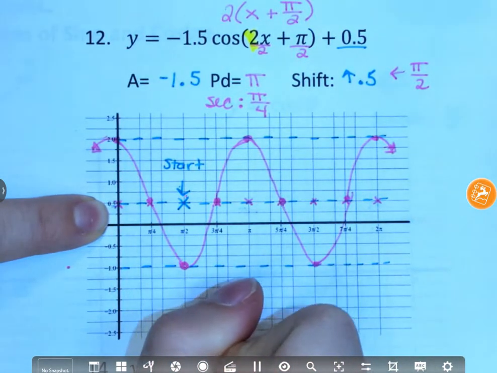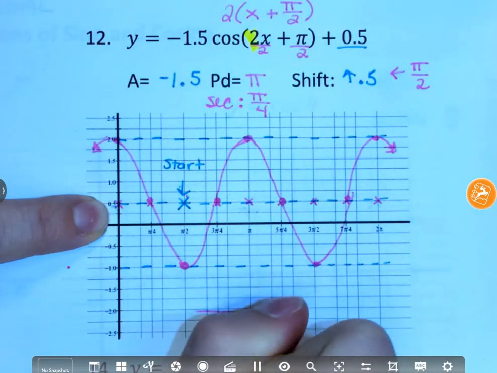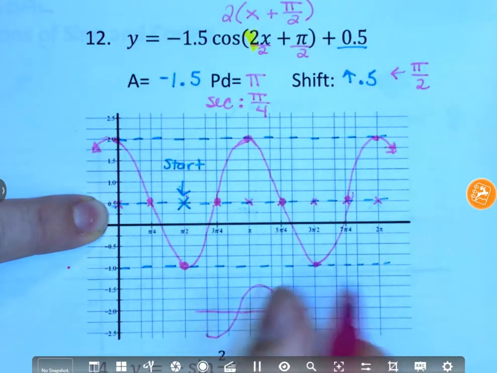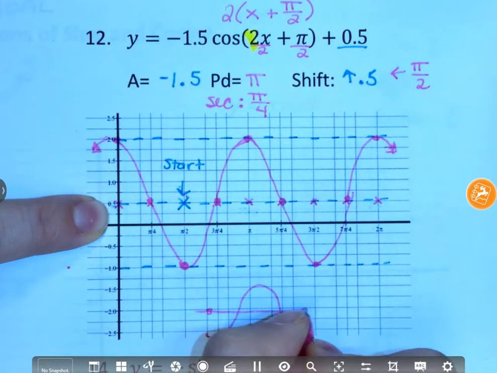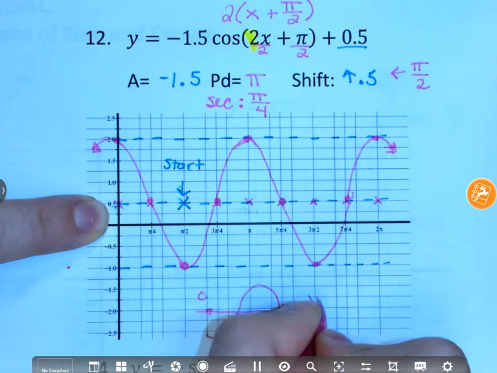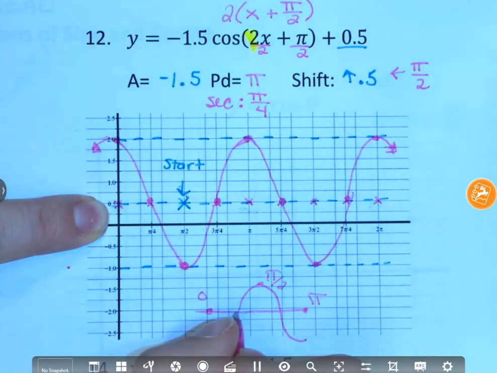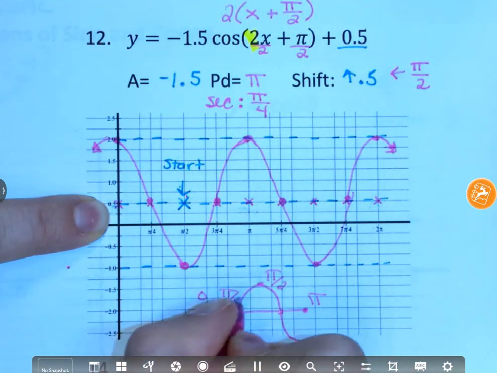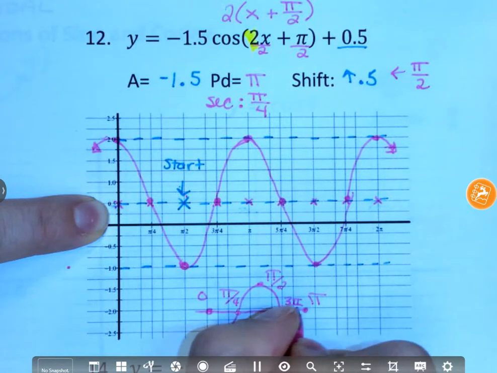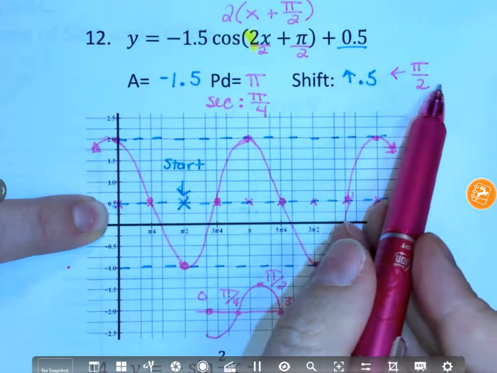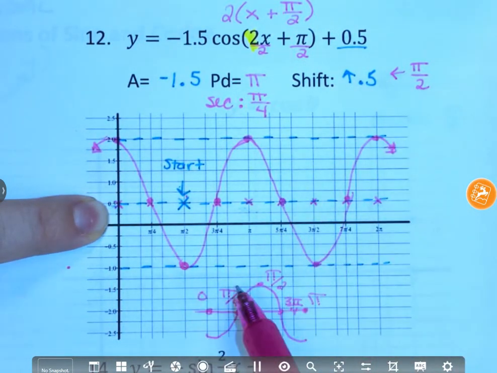Like I did before, I would say, okay, this is a negative cosine, so it will go like this. And I would have said the period is pi, so that would have been 0, pi, pi over 2, and so those are my pi over 4s. And then I would have subtracted pi over 2 from each of those.